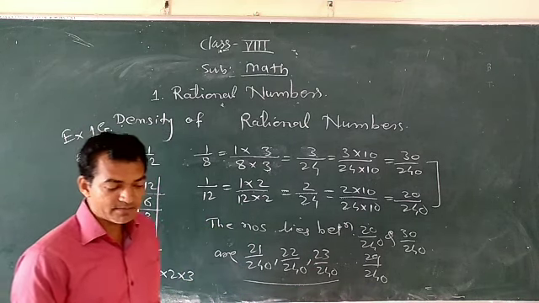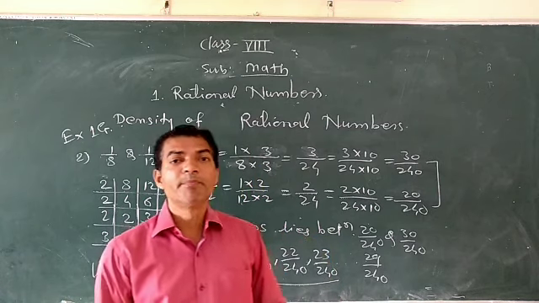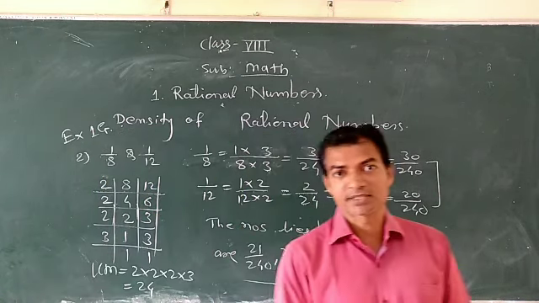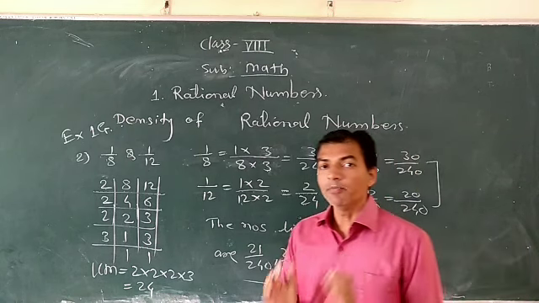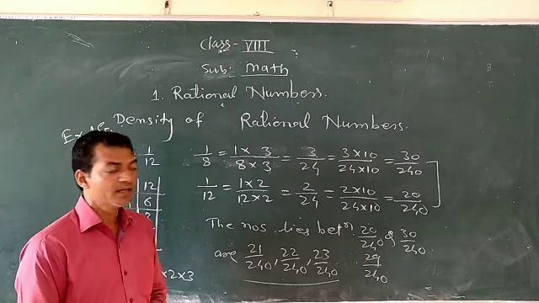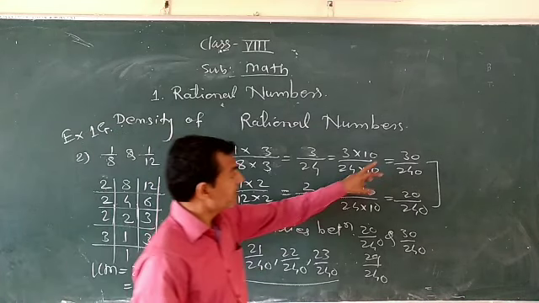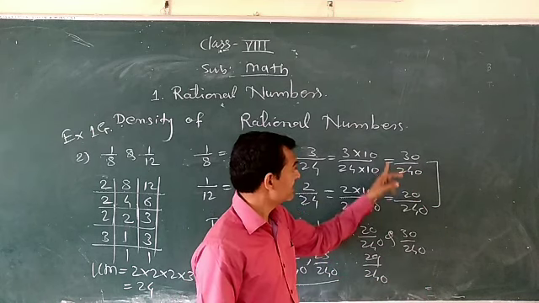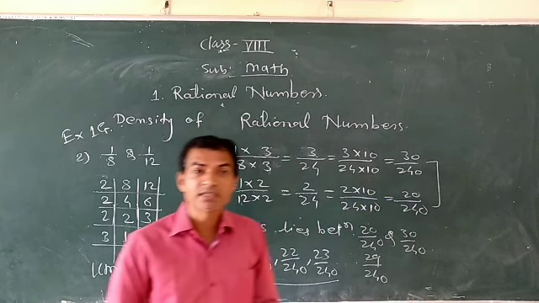So in this way, how many numbers lie between two rational numbers? Suppose anybody asks you how many numbers lie between two rational numbers. If you multiply by 100 by 100, you can again get more numbers. If you multiply by 1000 by 1000, again you can get more numbers.